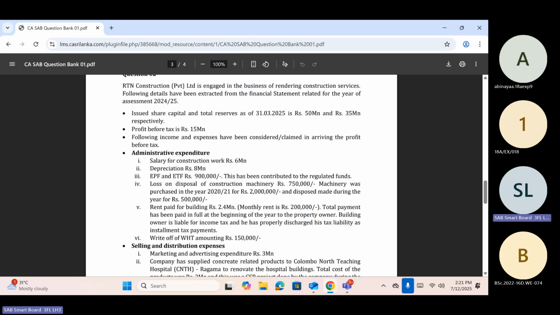How much? 400,000, right? 21, 22, 22, 23, 23, 24. These are the 4 years they have claimed capital allowances.